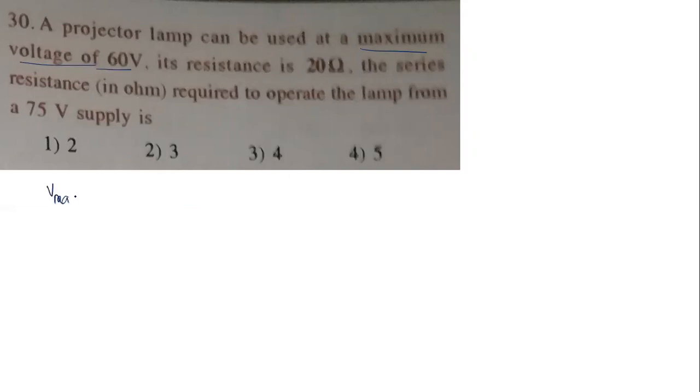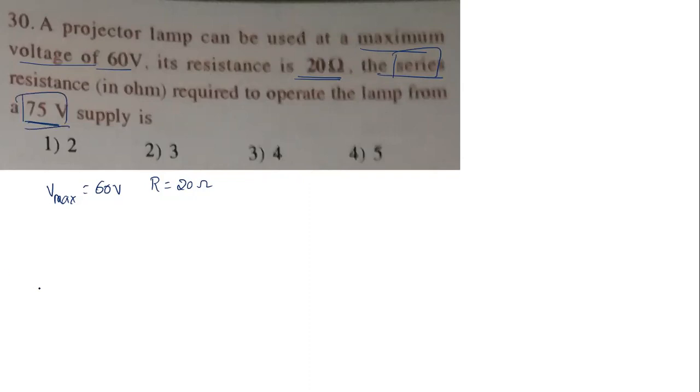So V max is 60 volt, and the resistance is 20 ohm, which remains the same and does not change. They are asking what series resistance is required to operate the lamp from a 75 volt supply.